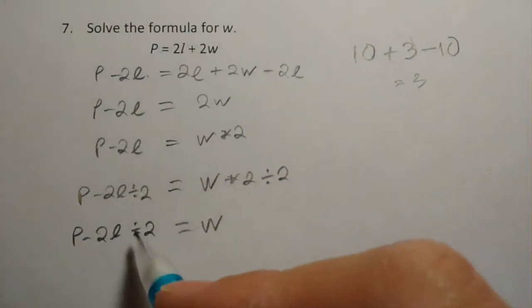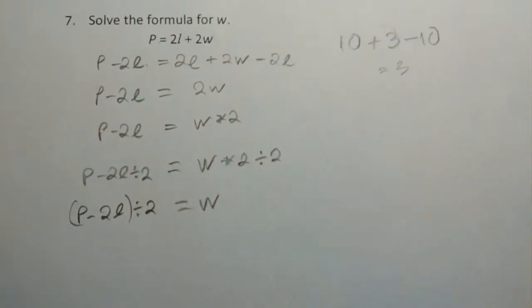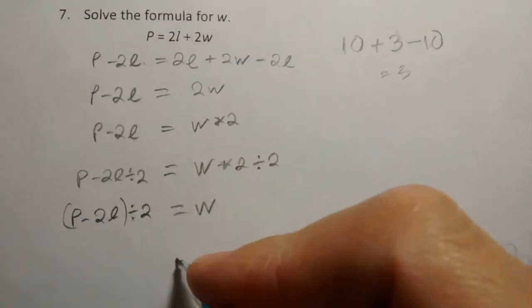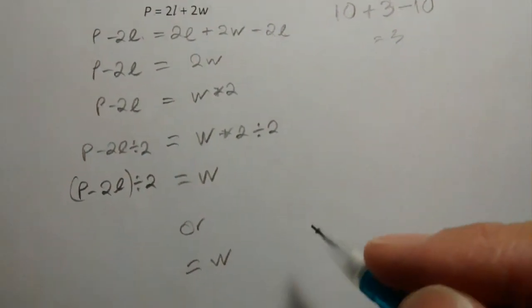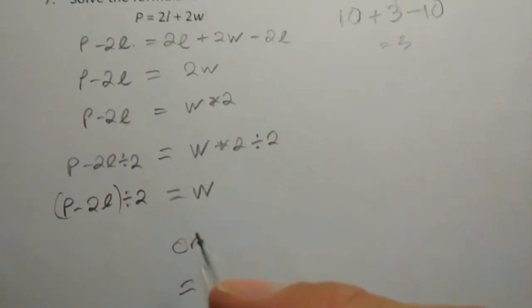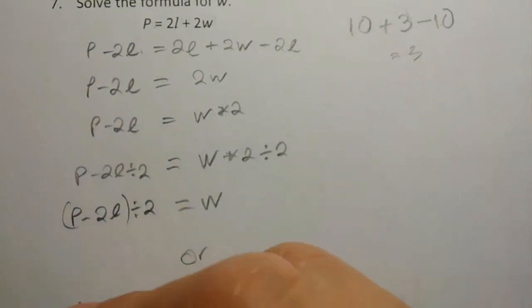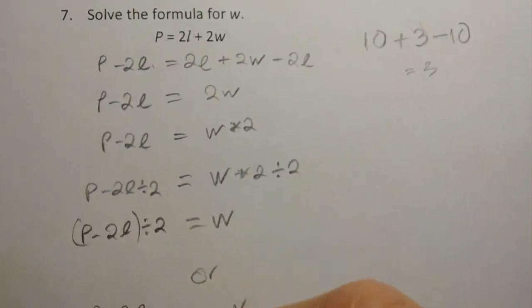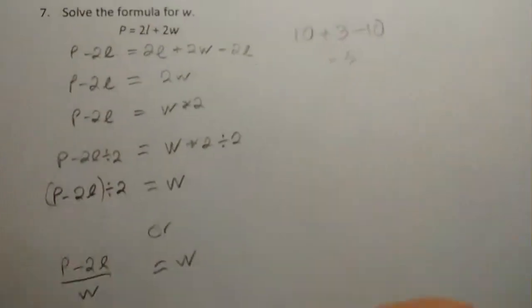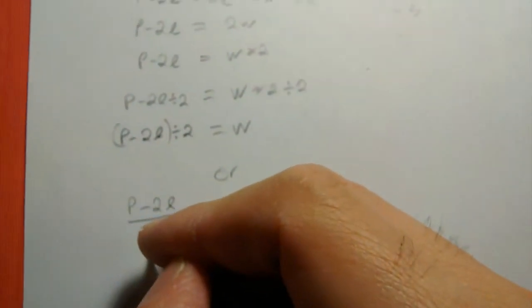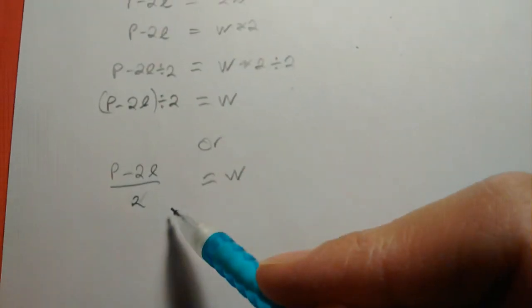All of it divided by 2, so we have to signify that. Again, you might think of the fraction equivalent, P minus 2L, all of that divided by 2. So those are equivalent, either one.